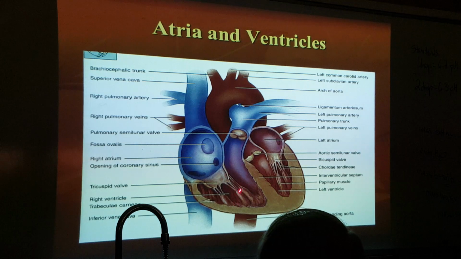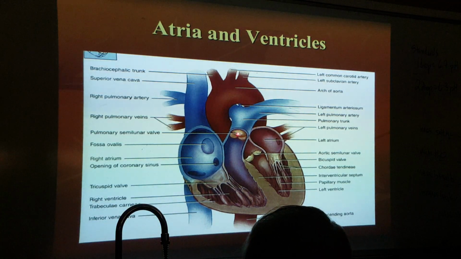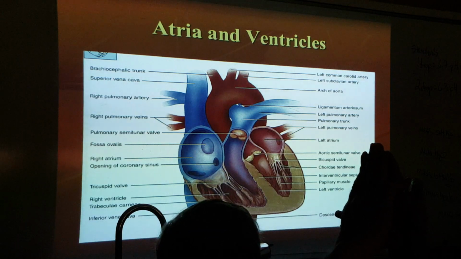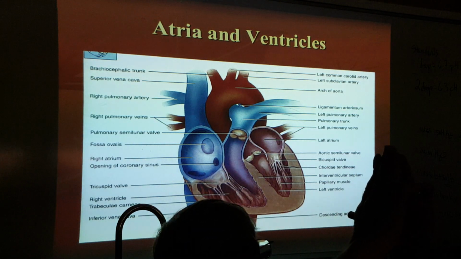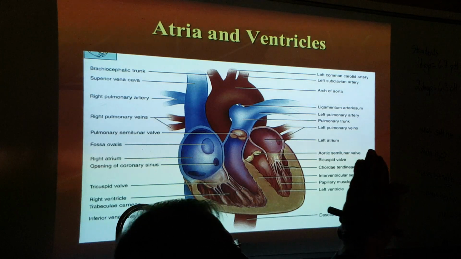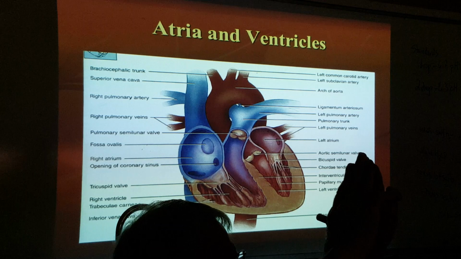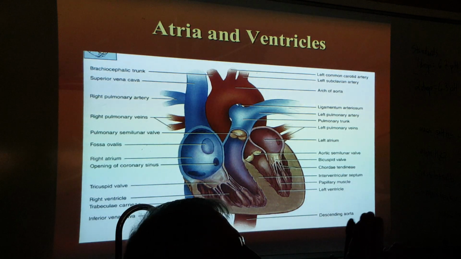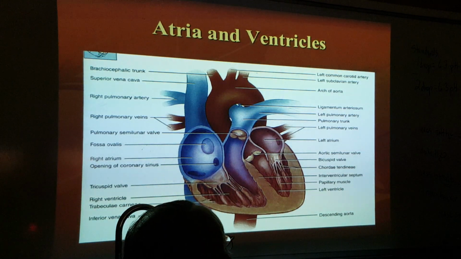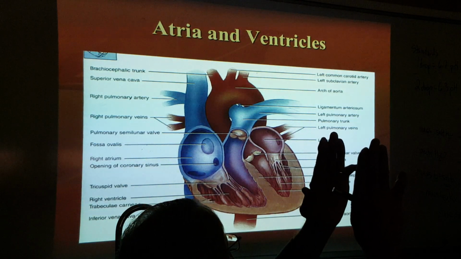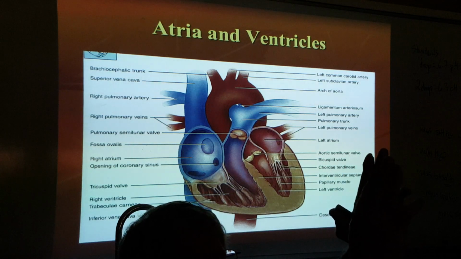And the only other place it can go is up here in the pulmonary trunk. And notice the cusps of this valve, the pulmonary semilunar valve, are pointing upwards instead of downwards. When the heart is relaxed, the cusps of the semilunar valves are shut. Okay? When the heart contracts, because the cusps are pointing upward, they are forced open, and the blood is forced out into the major arteries.